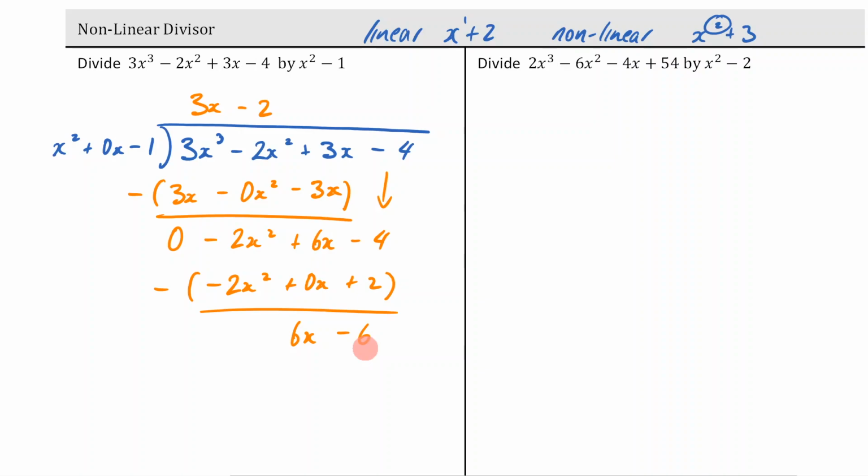Perfect. So now that I've done that and I've got this, is there anything else I can do here? And the answer is no. You have to stop here because x squared times what will give you 6x? Well, because this is a higher power, you just stop here, which means this is your remainder. Actually, let me circle it. This here is your remainder.